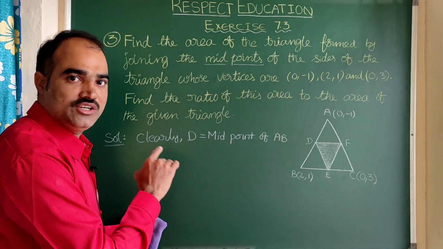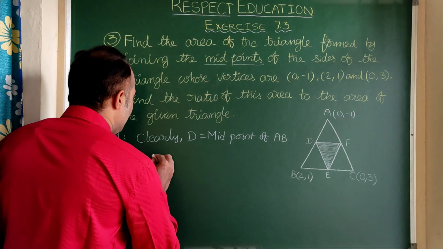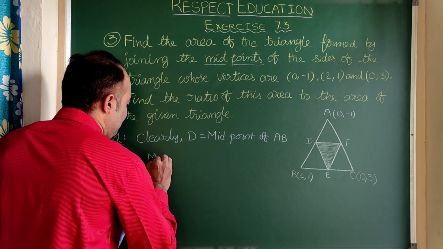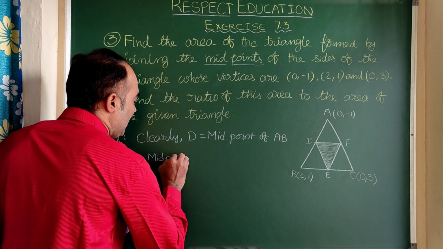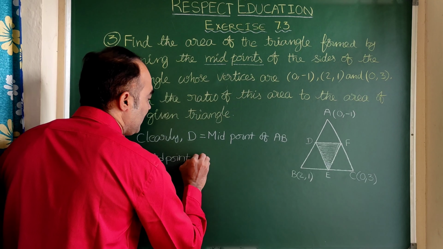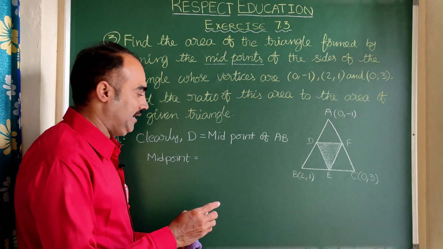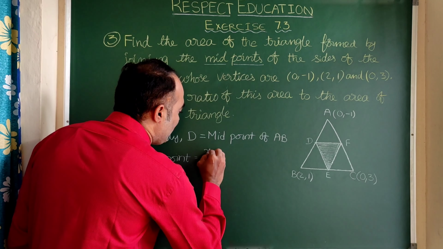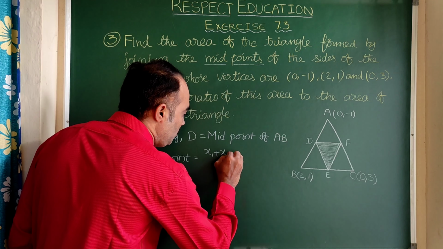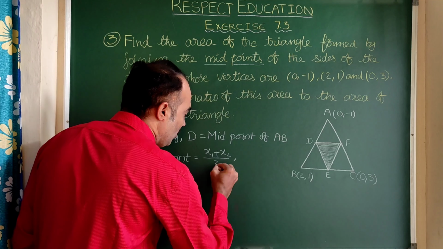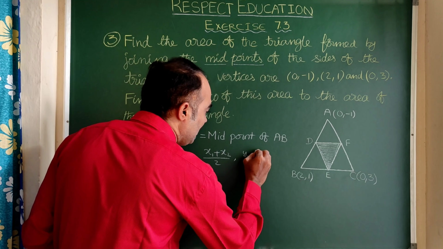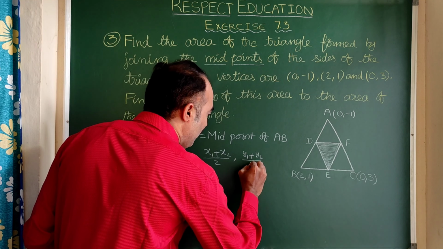For this we need to use the midpoint formula. The midpoint of a line joining A(x1, y1) and B(x2, y2) is ((x1 plus x2) by 2, (y1 plus y2) by 2).